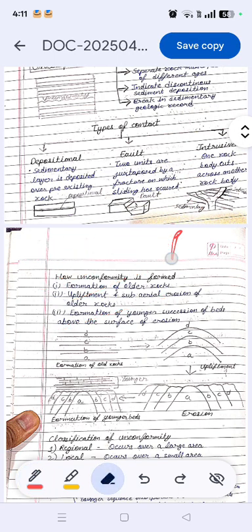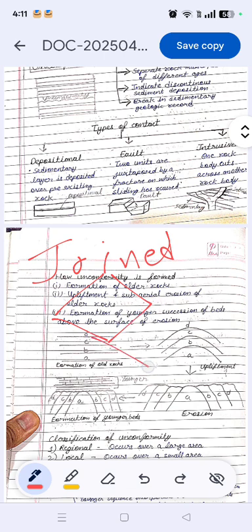And now what is fault contact? When two units are juxtaposed, means joined by a fracture on which sliding has occurred. Here is the diagram.